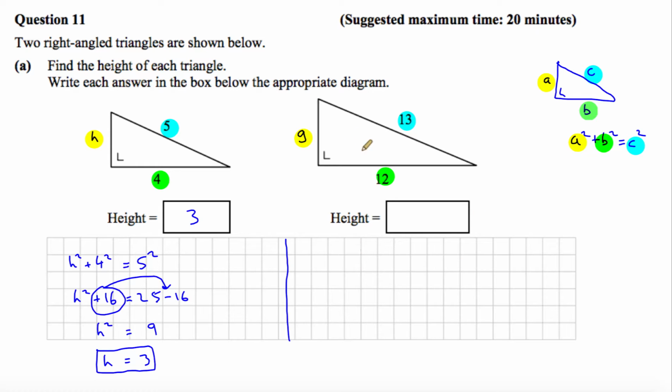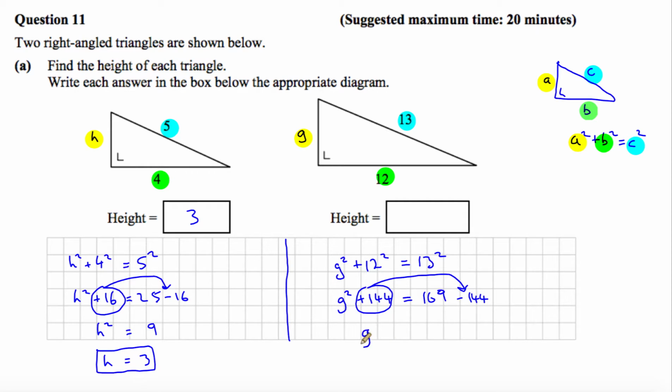And now for this triangle here, the yellow squared, which is G squared, plus the green squared, 12 squared, is equal to the blue squared. So that gives me G squared plus 144 is equal to 13 squared, which is 169. And then I'm going to bring the 144 over here. It's going to become a negative.